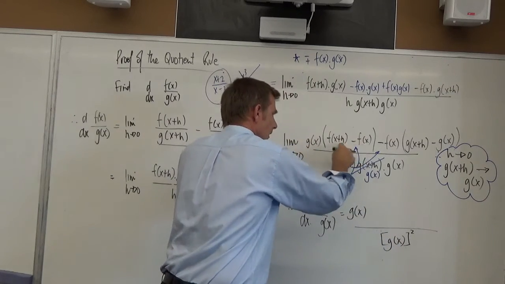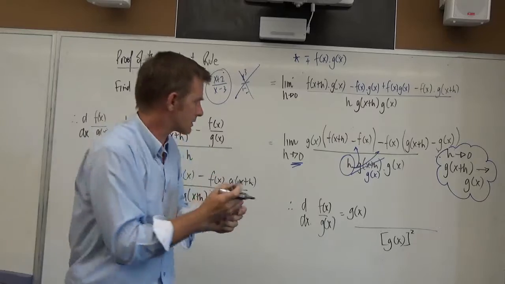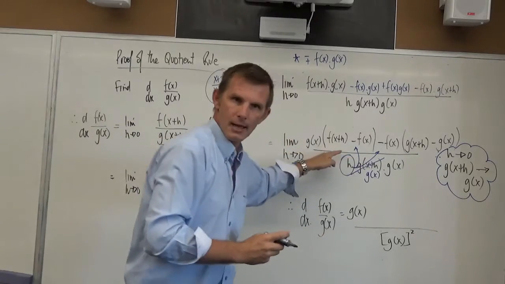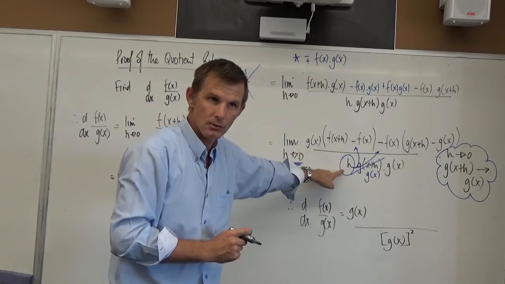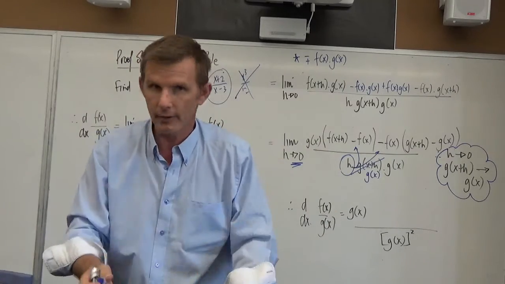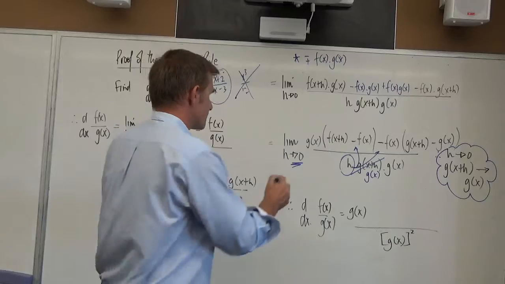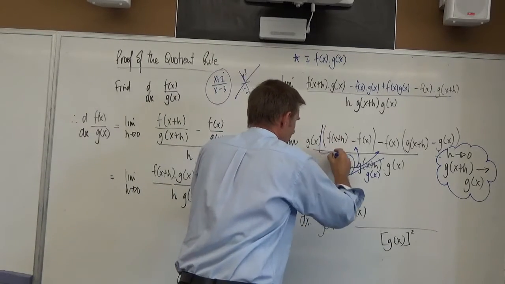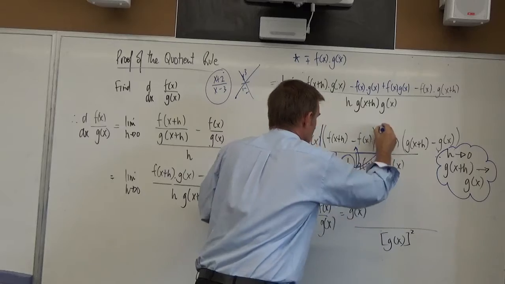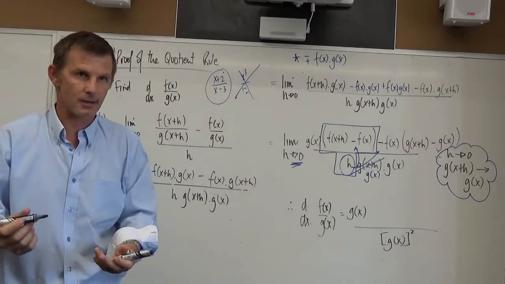Now this part here divided by h, f of x plus h minus f of x divided by h, isn't that just the derivative of f of x? Go back to our differentiation by first principles. I'll try and isolate it here if we can. That part right there, that's just f dash of x.